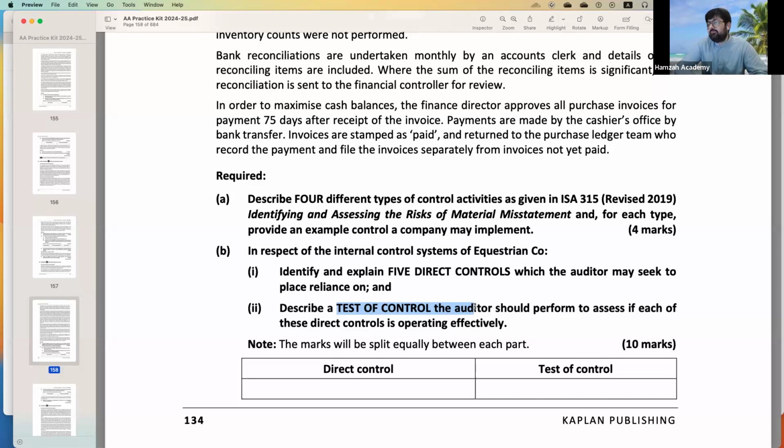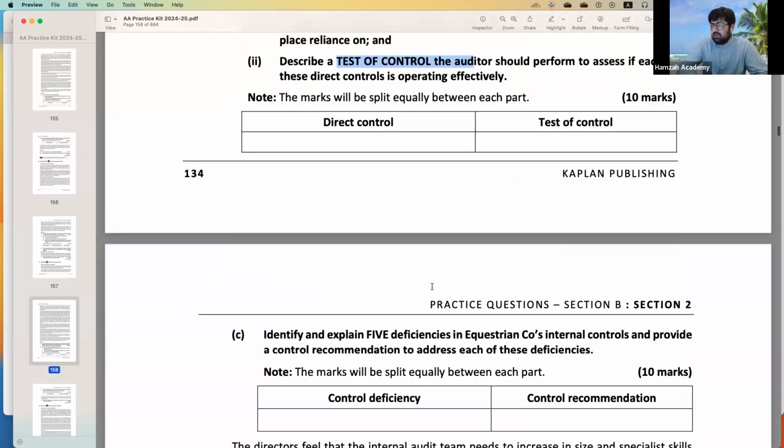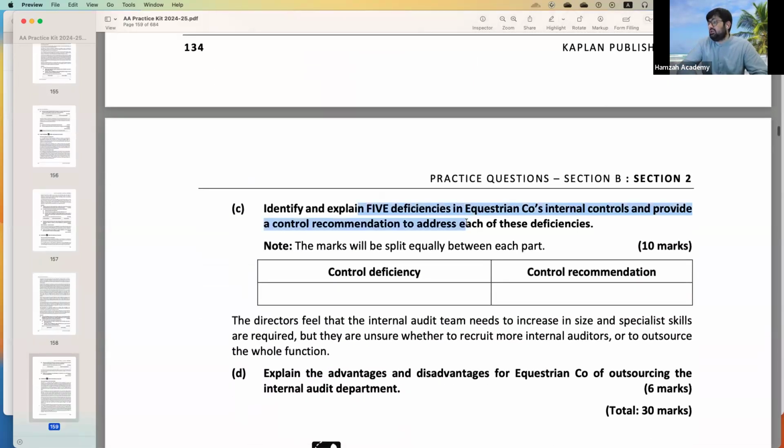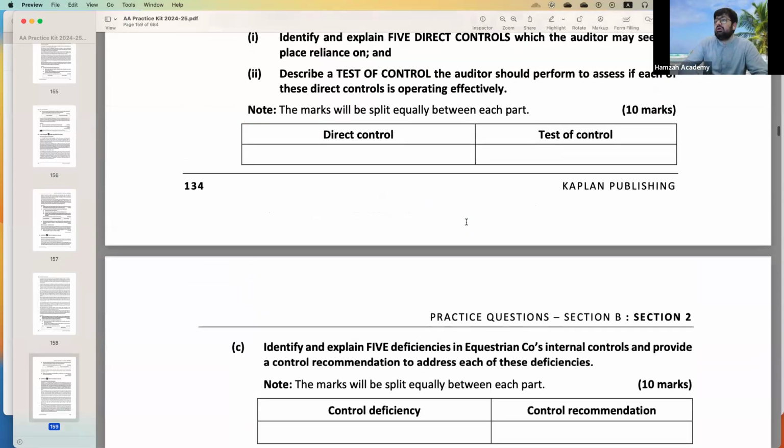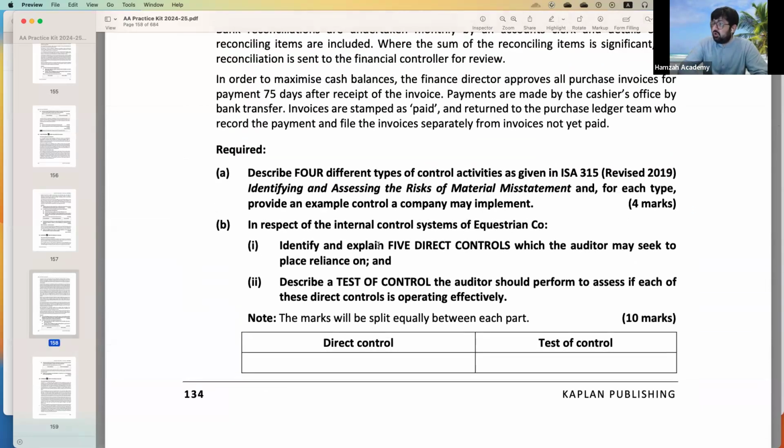So 5 direct controls, identify and explain, 10 marks. And then the next part is on the 5 deficiencies. Deficiency is not my topic today. Today's topic is direct controls. Only this.